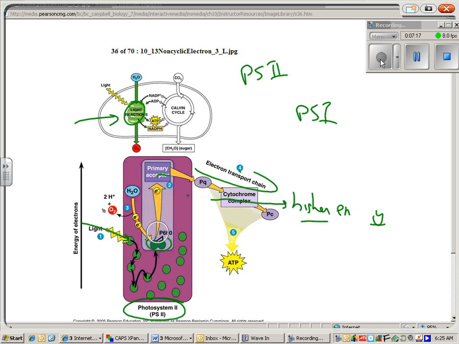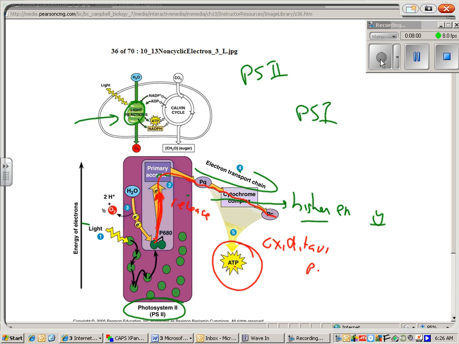Light comes in, electrons are excited, and those electrons are dumped off into an electron transport chain, and just like in cellular respiration with oxidative phosphorylation, ATP is produced. Now there's a problem here, and that problem is that as light keeps hitting this chlorophyll and electrons keep being released, that means they would be lost.